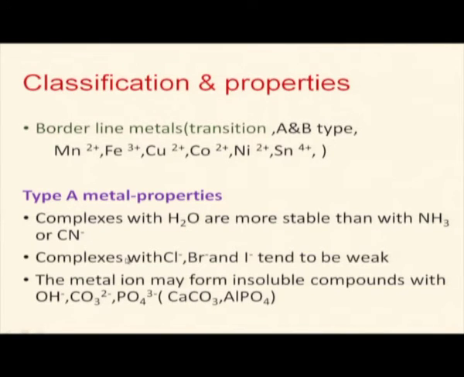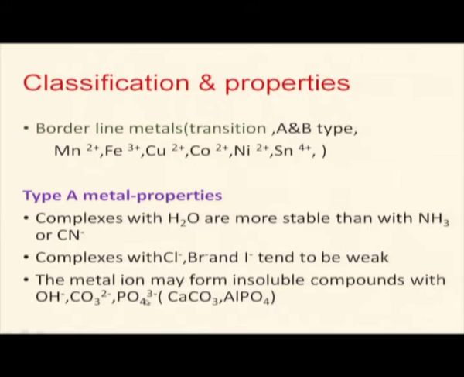Complexes with chloride, bromide, iodide tend to be weak. Usually they form univalent ligand type complexes, a single one. And the metal ion may form insoluble compounds with hydroxide, carbonate, phosphate, etc.